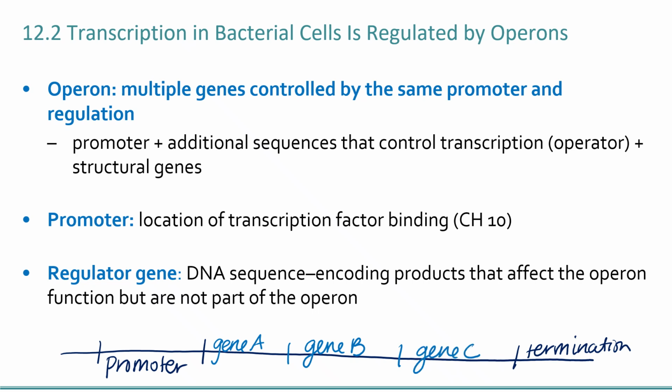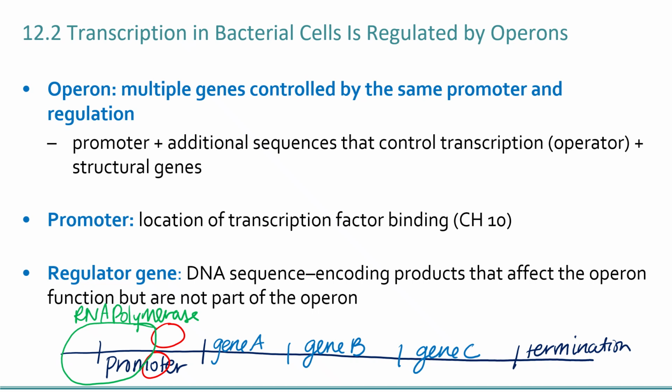And so if we look at this as if it were a coding region instead of separate genes, we would have our transcription factors come in and bind to our promoter region, and this allows our RNA polymerase to come in and begin the transcription of this molecule.